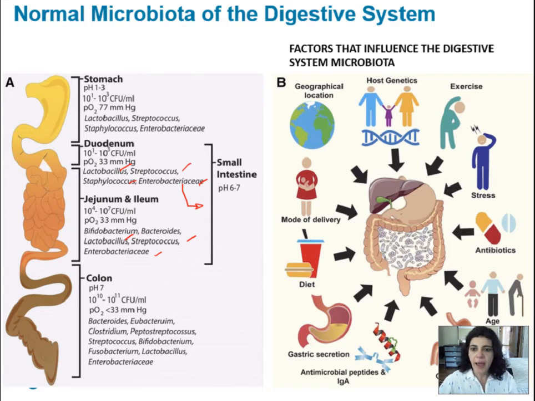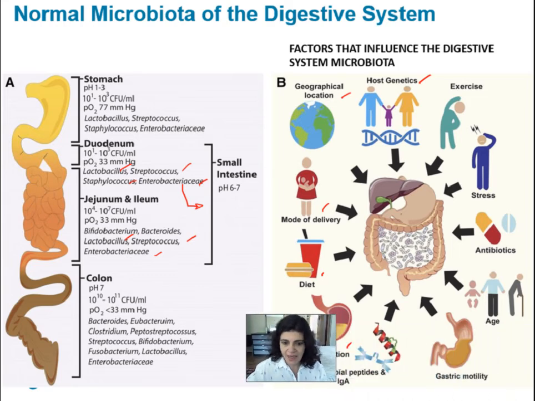How can multiple factors affect the microbiome of the digestive system? Look at this: host genetics, geographic location, mode of delivery. If you were born through vaginal delivery, that can affect your microbiome later in life. Like I said, diet, gastric secretion, age, gastric motility, and antimicrobial drugs, of course, right? They can kill your microbiome, so they play a role here.